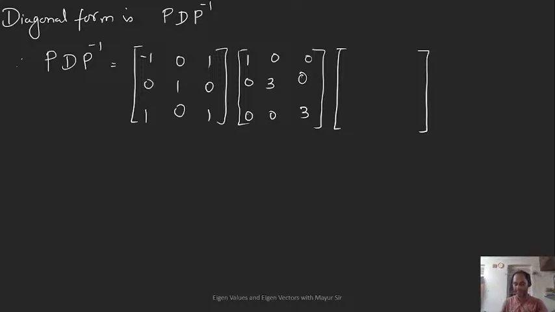What is the inverse of this matrix? Do you get any inverse? I have got the same matrix as the inverse.